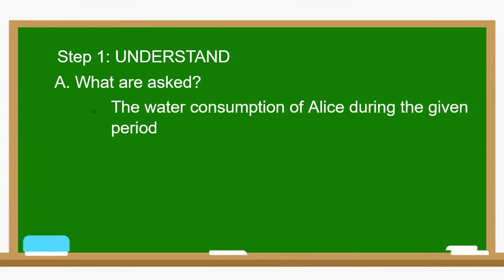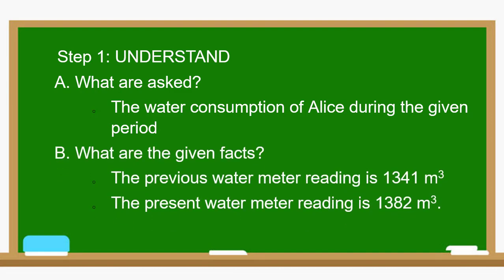Understand what are asked. The water consumption of Alice during the given period. B. What are the given facts? The previous water meter reading is 1,341 meter cube. The present water meter reading is 1,382 meter cube.